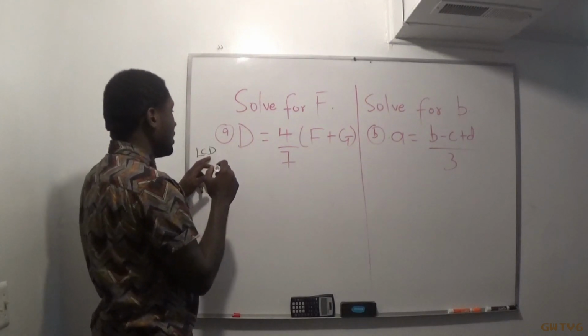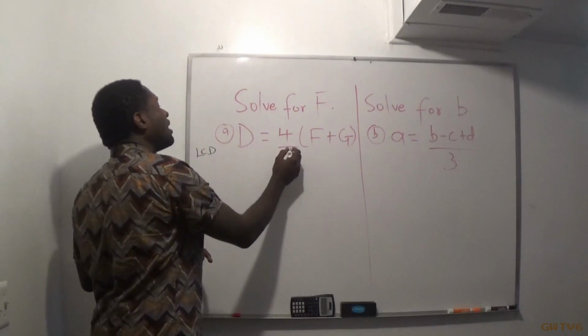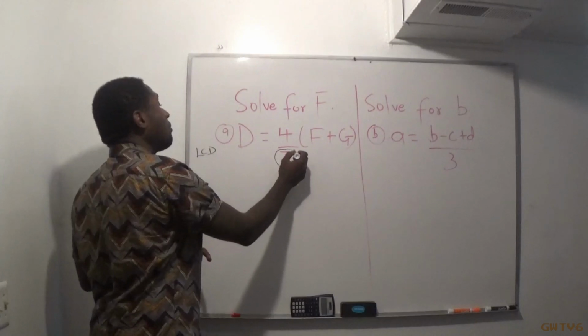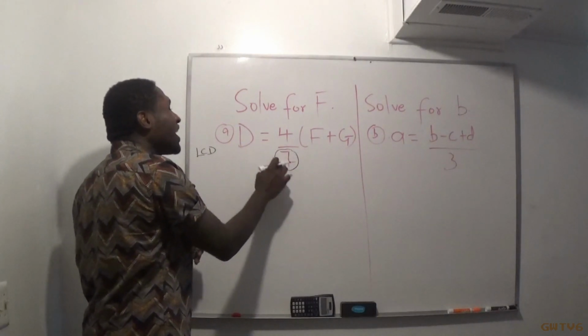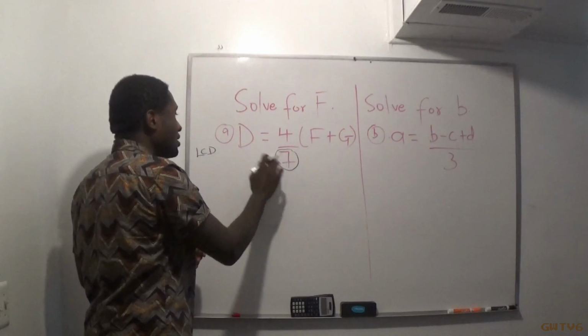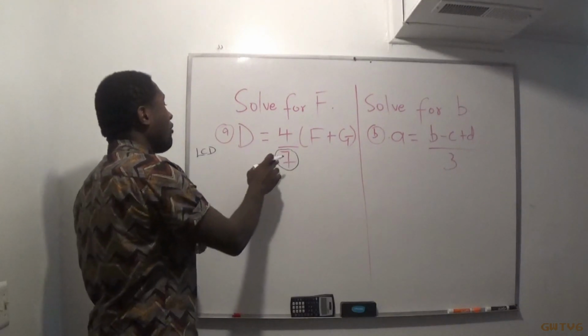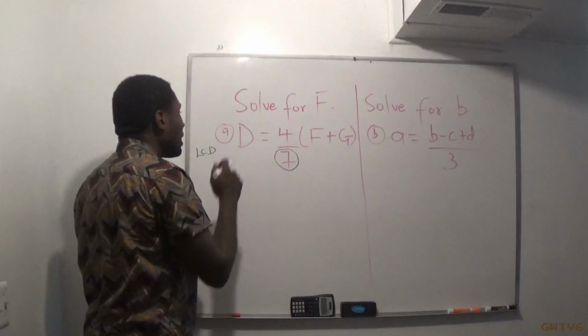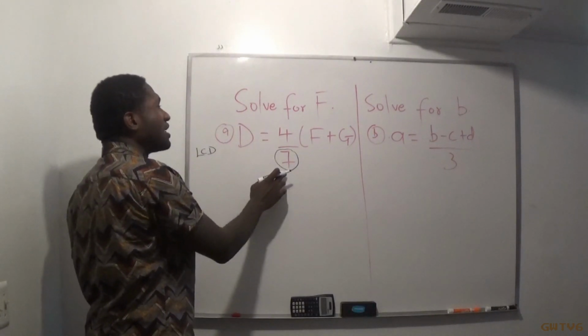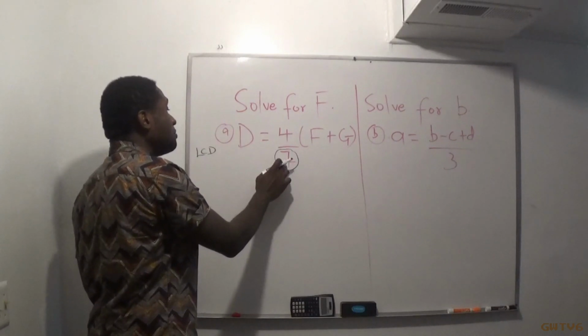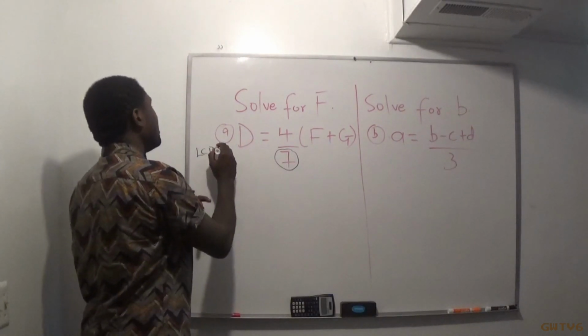And for the LCD, I'm just looking at the bottom numbers, or the denominator. Looking at this question, I have only one denominator. I see only one number at the bottom. Whenever that is the case, that would just be my LCD.